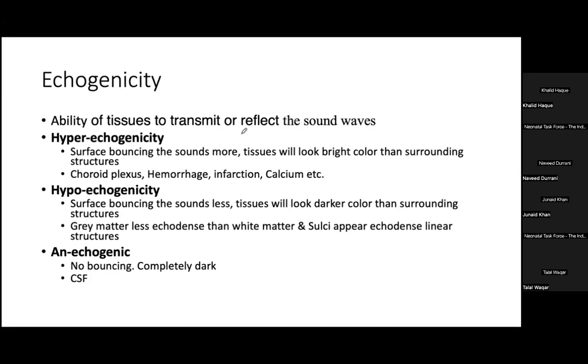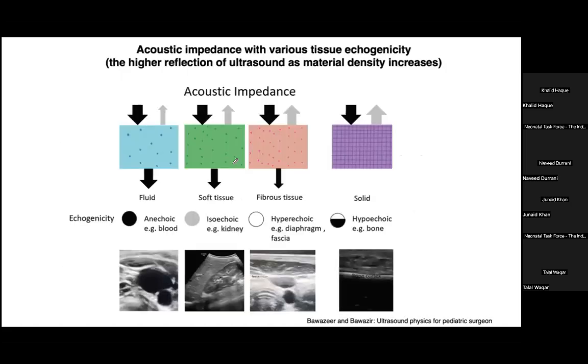For example, choroid plexus, hemorrhage, infarction, and calcium will look brighter. If it is the opposite, hypoechogenicity, when the tissue reflects less, then the color is a little bit darker. The gray matter looks less echo dense than the white matter, and the sulci appear more echo dense. And if the sounds are not bounced back, then the structure will appear completely dark, for example, CSF.